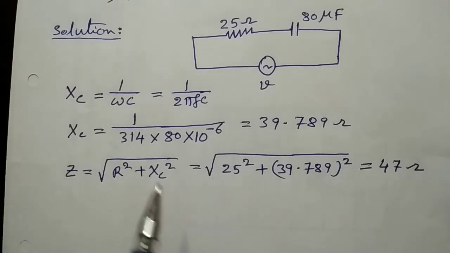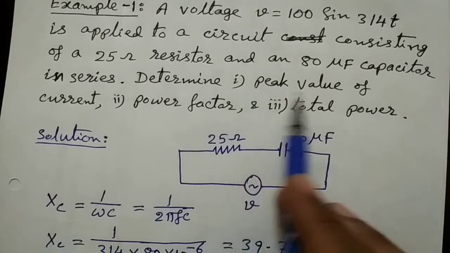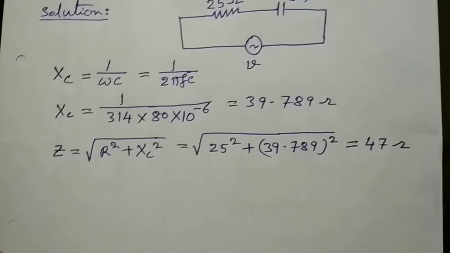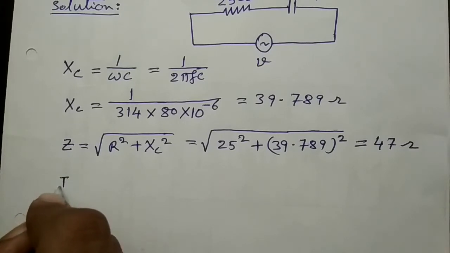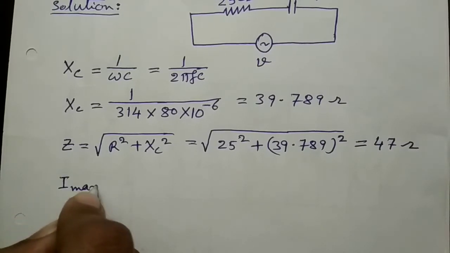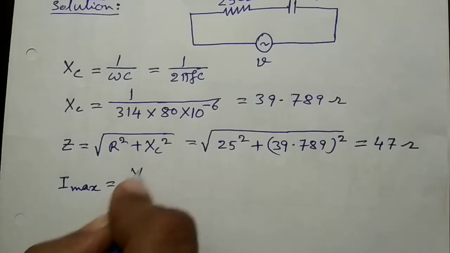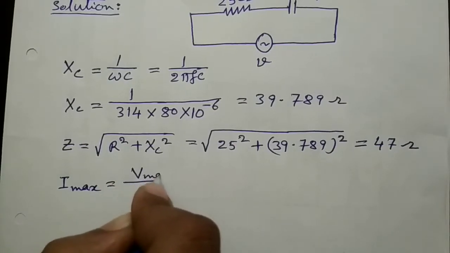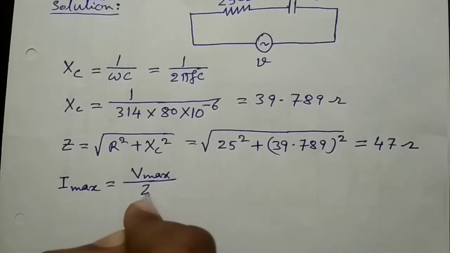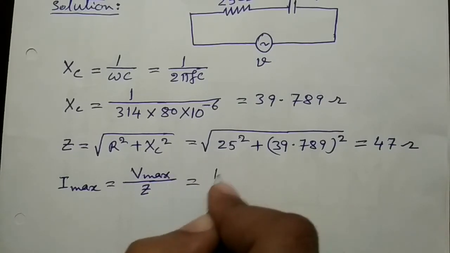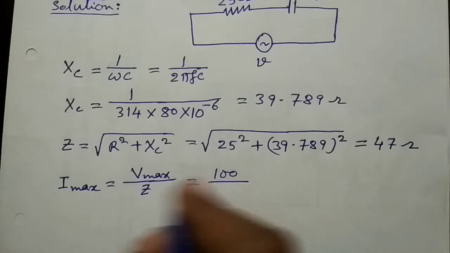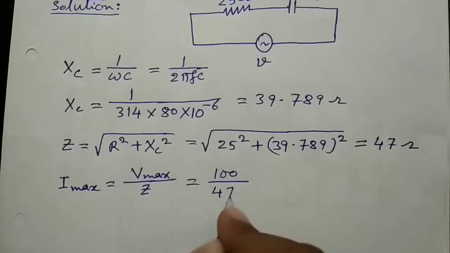Now we have to find the peak value of the current, that is the maximum current. And we know that in an RC series circuit, the maximum current can be written as Vmax upon the impedance of the circuit, where Vmax is 100 and Z we have calculated, that is 47.